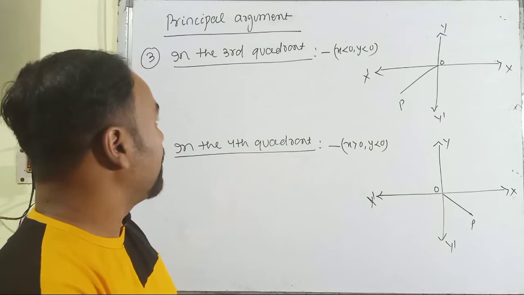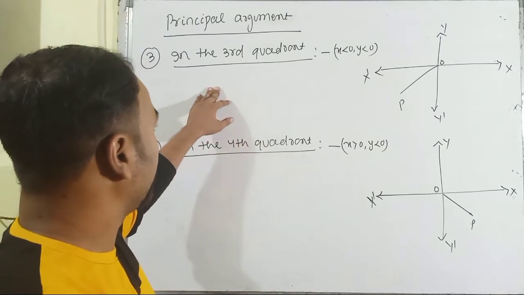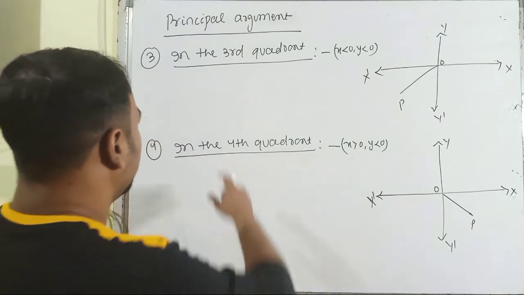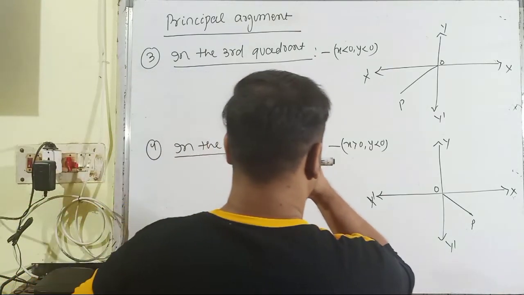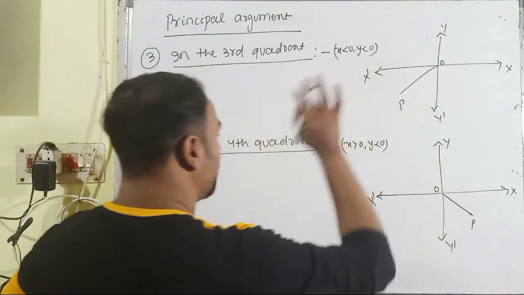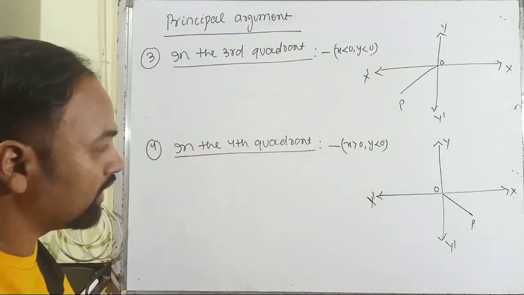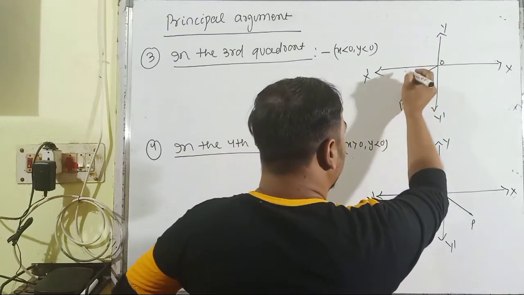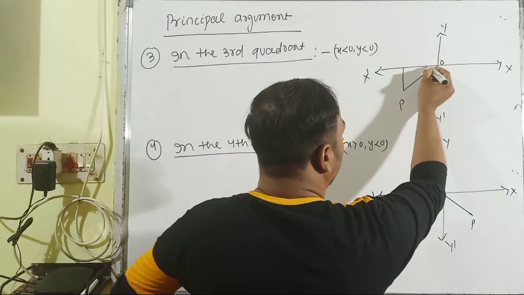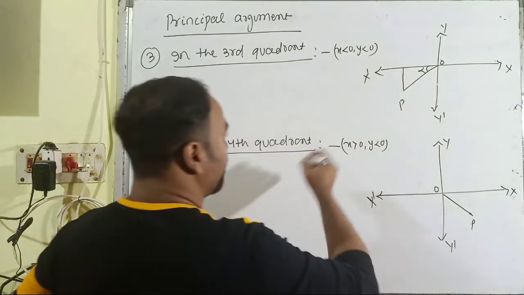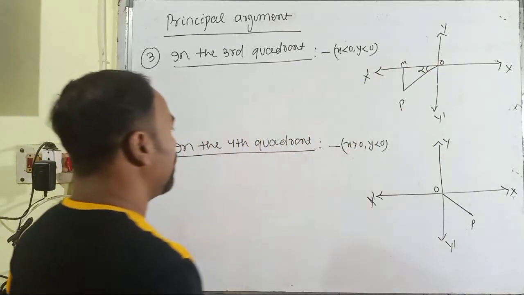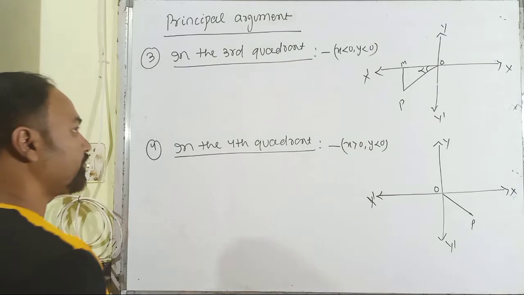Let us discuss the principal argument of the given complex number in the third quadrant and also in the fourth quadrant. Here in the third quadrant, the point P(x, y) represents the complex number z equal to x plus iy lying in the third quadrant. So let us first find the acute angle alpha here. Taking the help of a perpendicular from the point P to the x-axis, we can find the value of alpha.